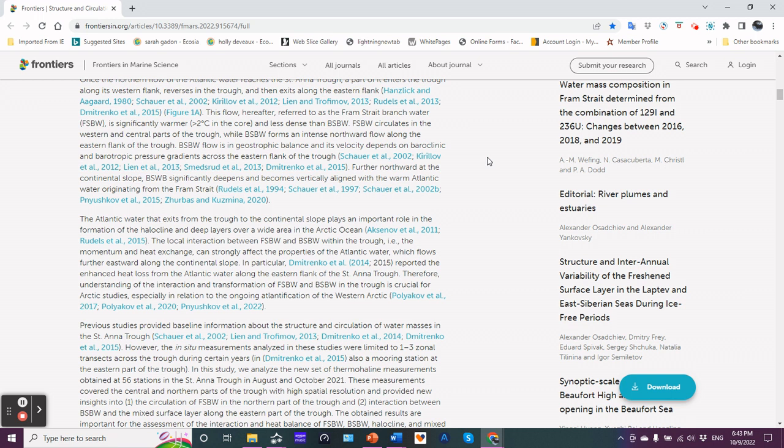That is really, in a lot of ways, what drives and keeps perpetuating oceanic gyres. Now, velocity depends on baroclinic and barotropic pressure gradients. This ties into whatever the density of seawater is.